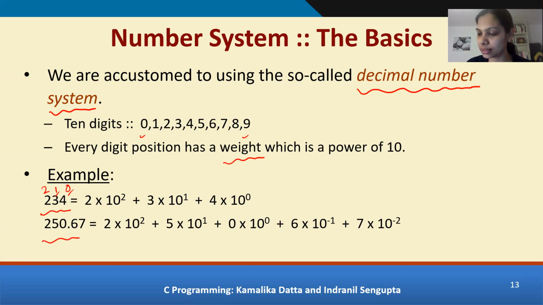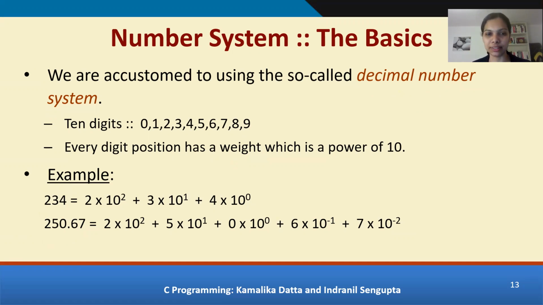Similarly, fractional positions are -1 and -2, and so on. You add it up and you get that particular number. This is the so-called decimal number system.